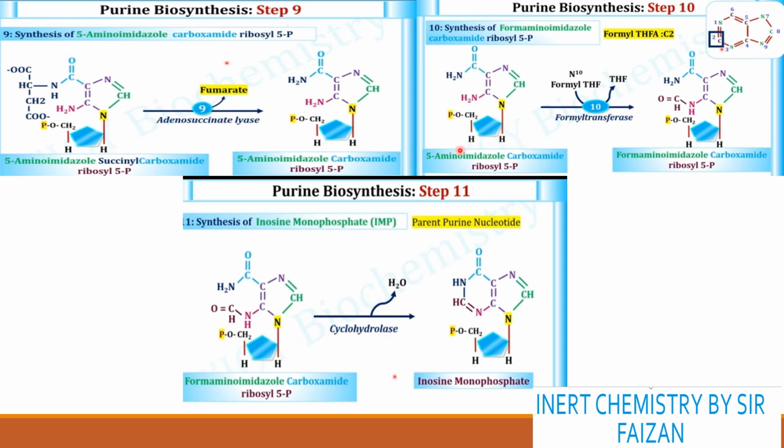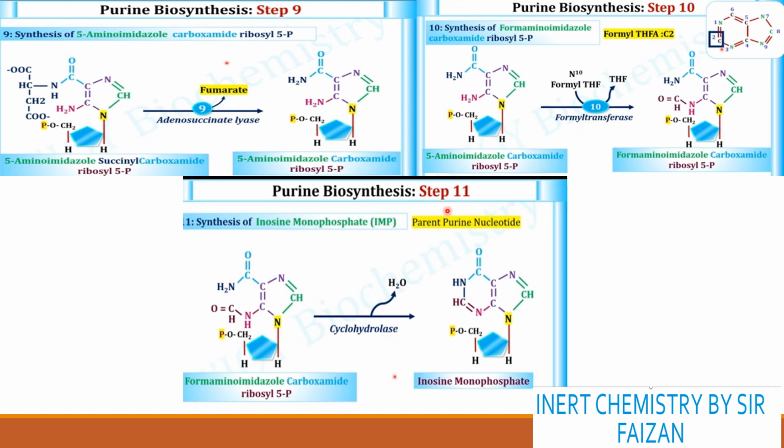In the 10th step, the N10 formyl tetrahydrofolate donates the formyl group again. Here you see this C double bond O is the formyl group. It is again added into this by the help of enzyme formyl transferase.